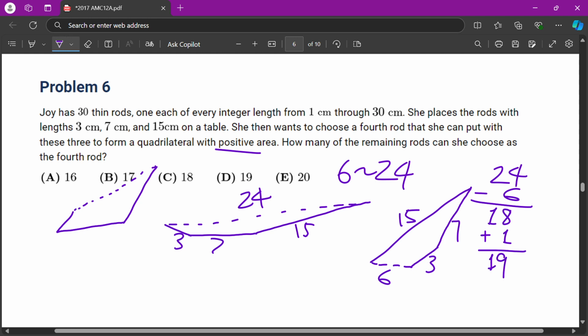But wait, we've already used 2 of those rods in this range. We already used the 7 and the 15. So we gotta subtract 2. So in the end we get 17. So 17 rods from the remaining rods.